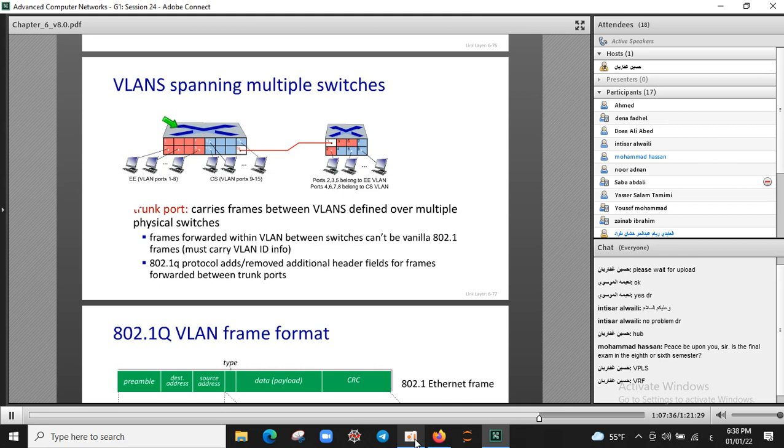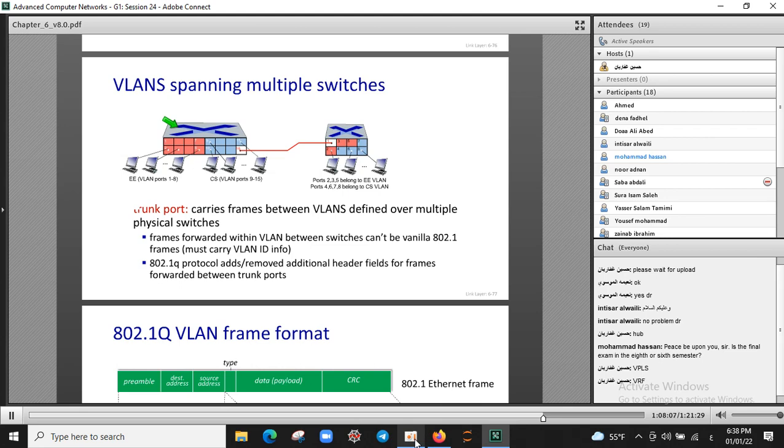Okay. We talked about a special case of VLAN. I said that, okay, I have one more user. I'm working in the computer science department, and I have a special user inside the electrical engineering department, the EE department. What should I do?